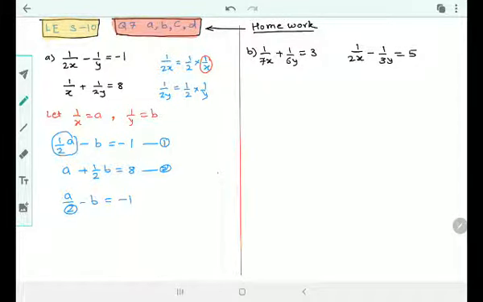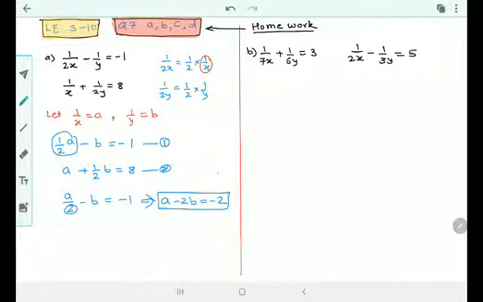So don't you think I can multiply by 2 so that this fraction will cancel? Okay, so I'll multiply the equation by 2. Then the same equation becomes A minus 2B is equal to minus 2. And this is the equation.